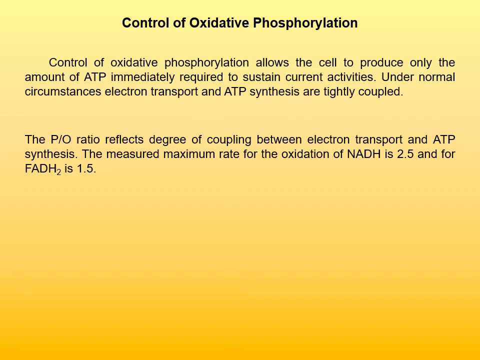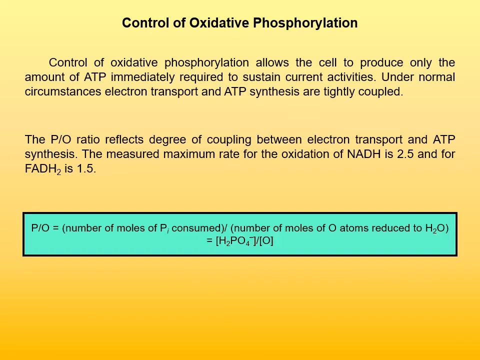The measured maximum rate for the oxidation of NADH is 2.5 and for FADH2 is 1.5. So the PO ratio is the number of moles of phosphate consumed divided by the number of moles of oxygen atoms reduced to water, or phosphate over oxygen.